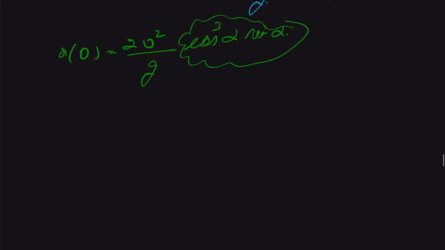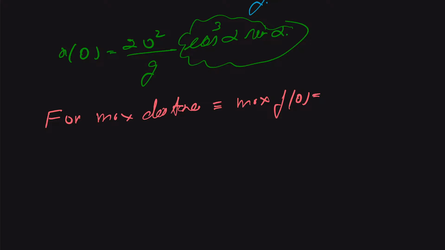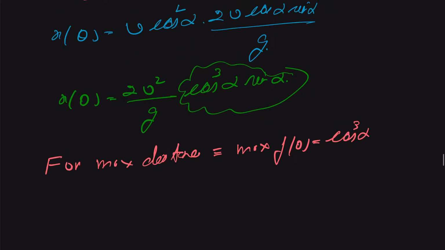So for maximum distance, we are going to maximize f of theta, which we are going to take as cos cube theta sin theta, and this will be in terms of alpha, not theta.